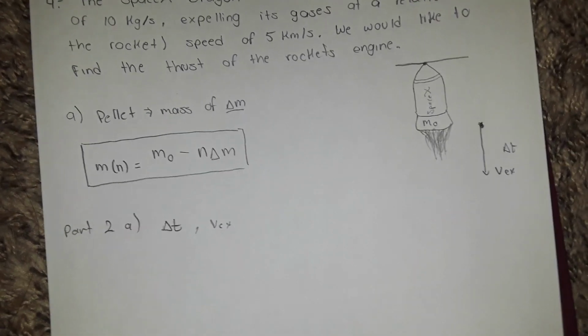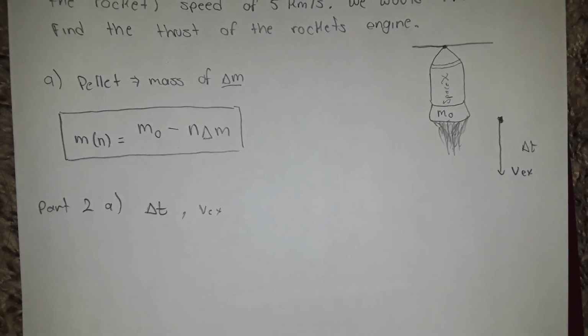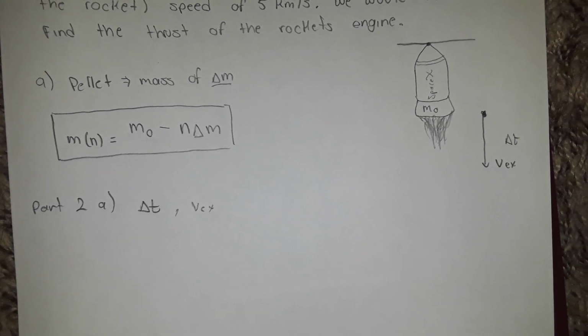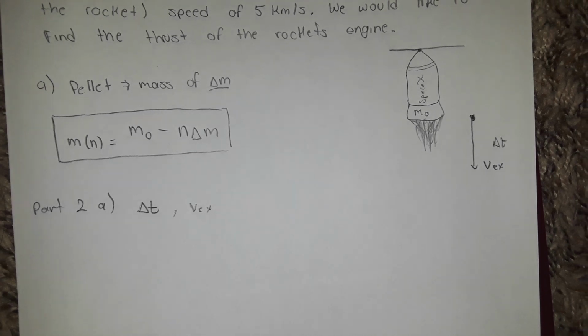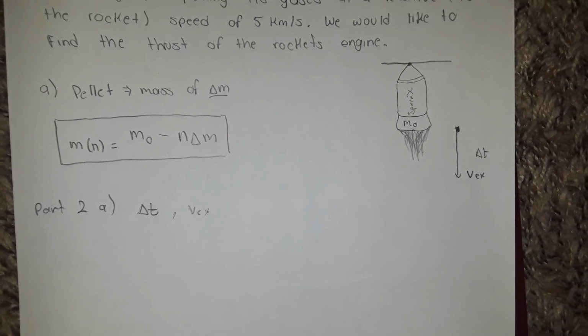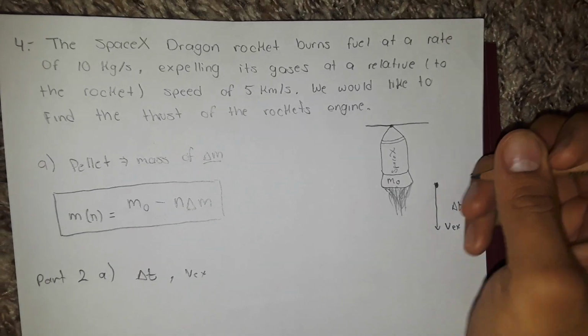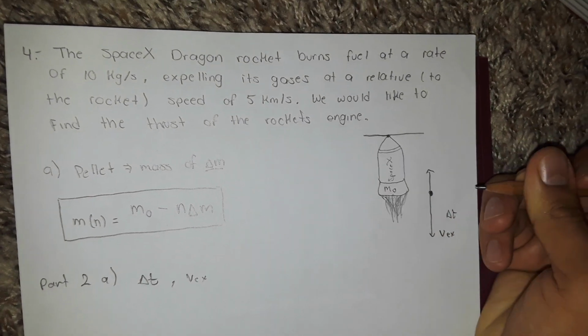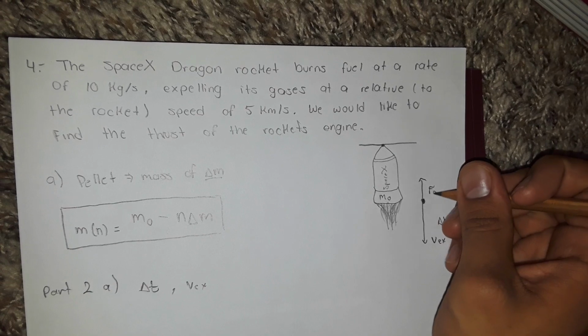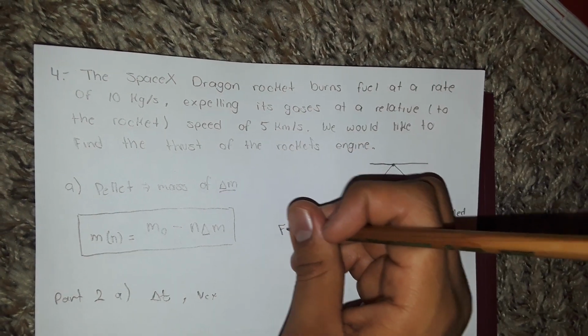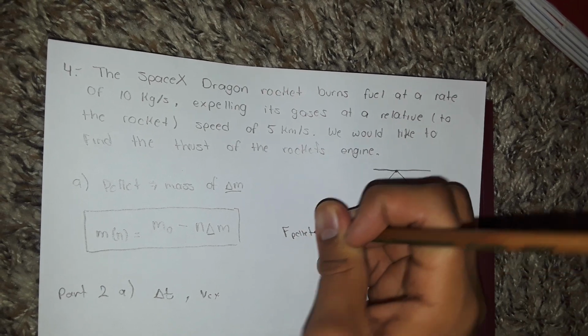Okay, so it's asking for us to find the magnitude of the force a pellet exerts on the rocket during the short amount of time. So this thing right here, force applied. We can also say force of pellet, which I think would be a better idea.